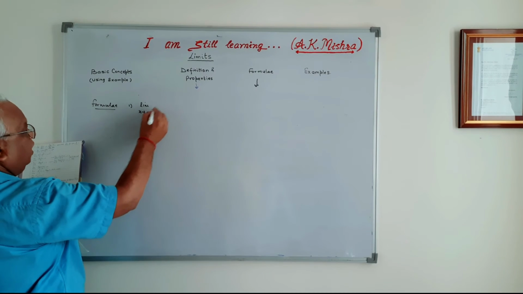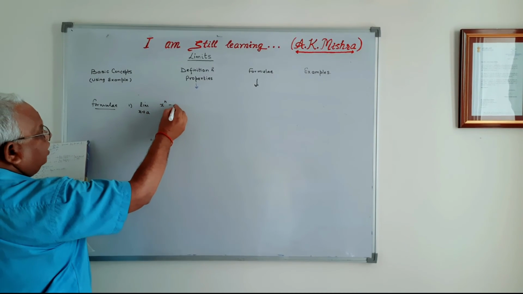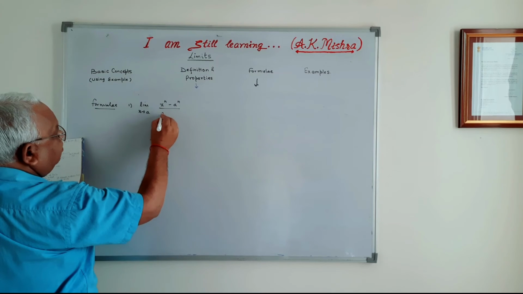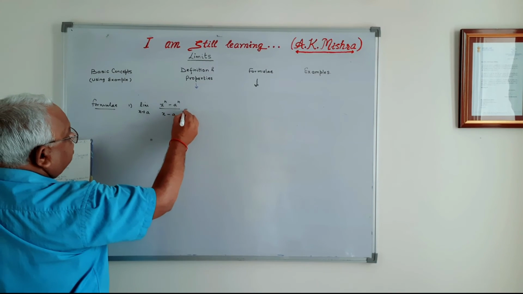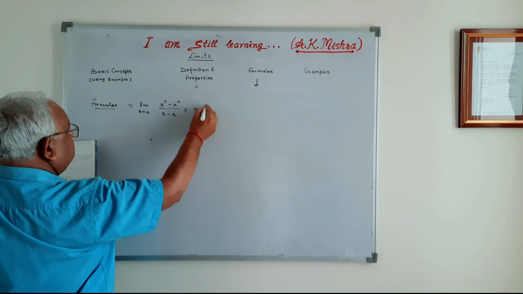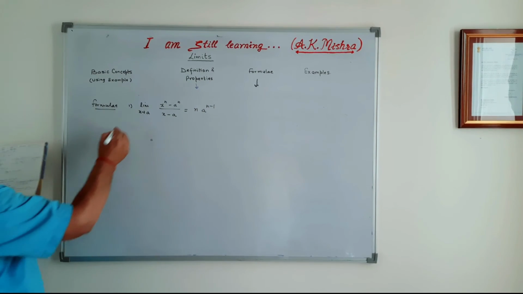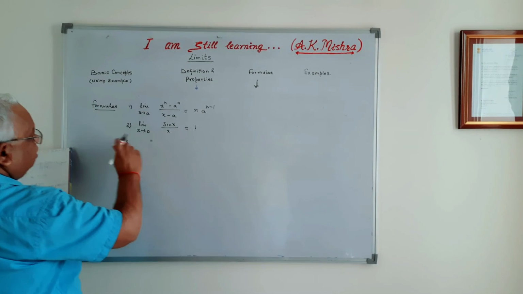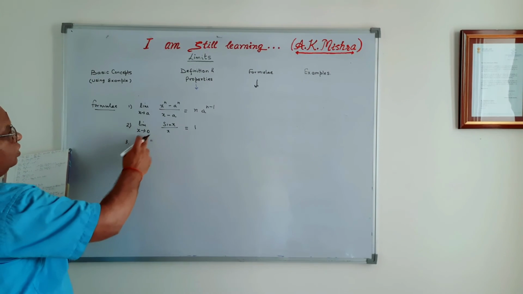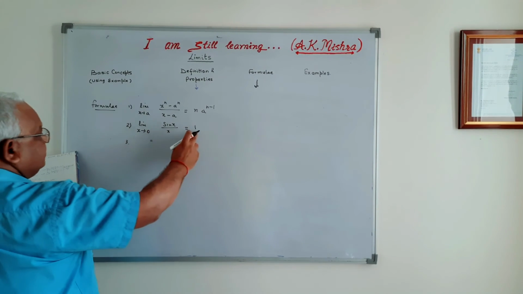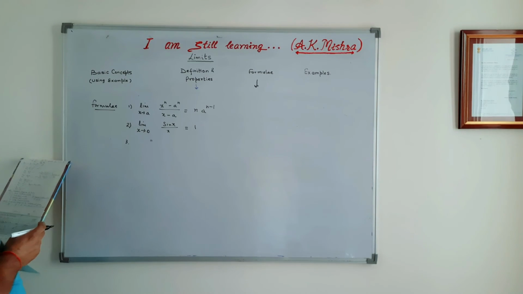Number one, limit x tending to a, (x^n minus a^n) upon (x minus a). Then limit x tending to 0, sin x upon x is equal to 1.